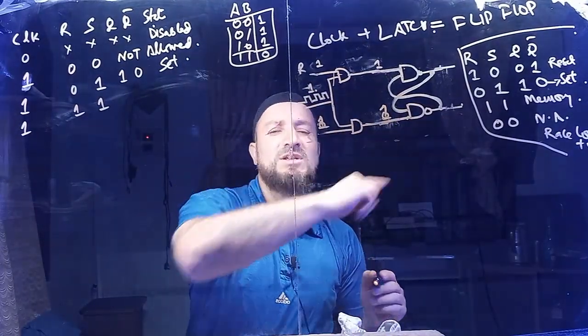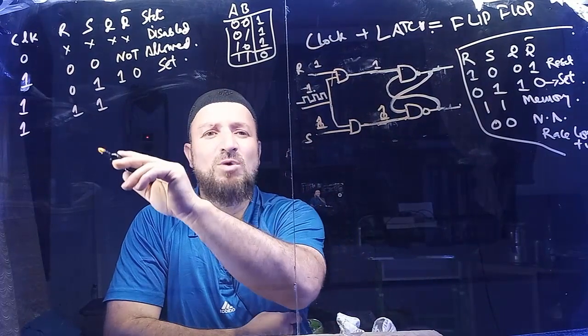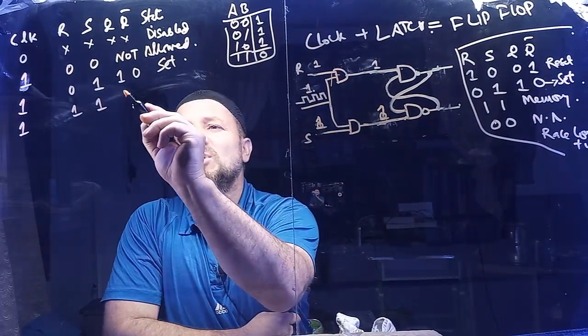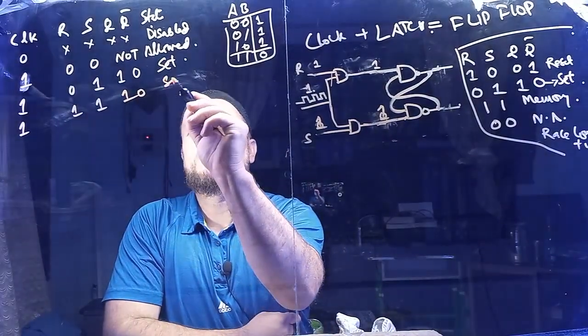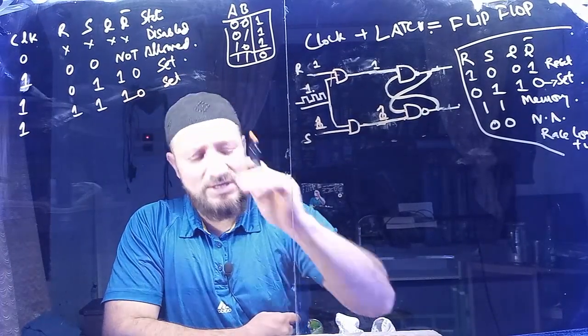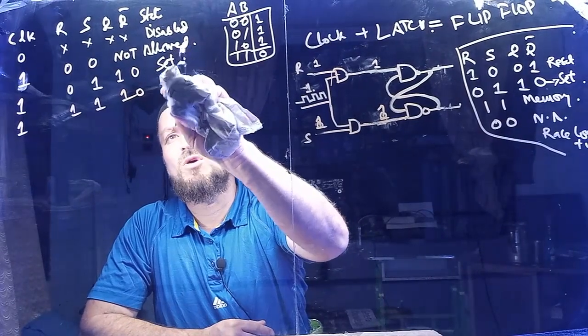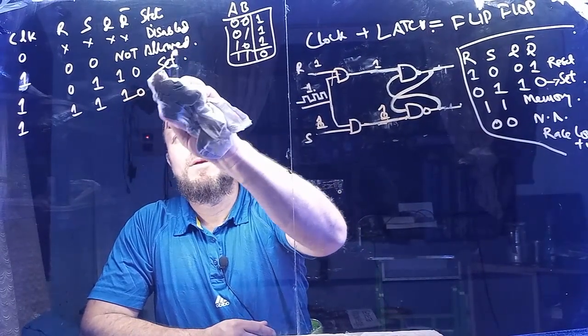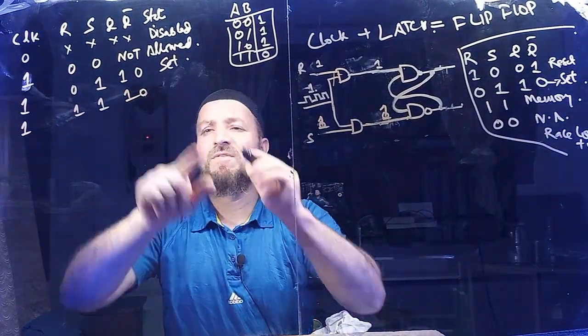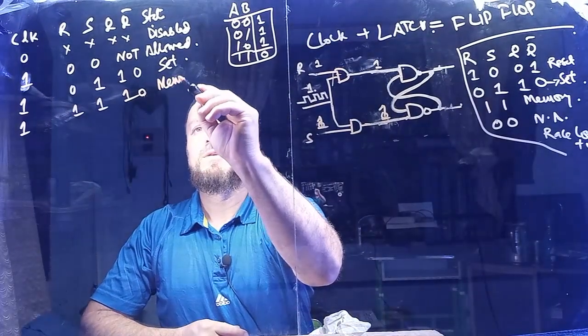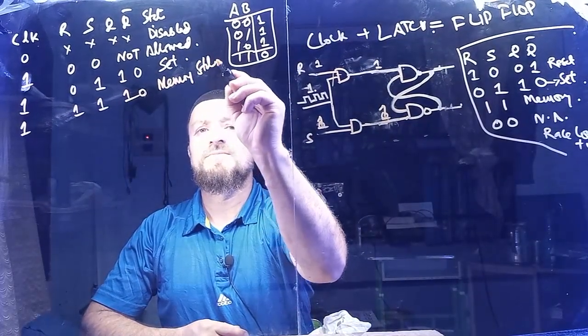The 1, 1 state is the memory state. What does the memory state mean? Whatever the previous state was, it will retain that. So it will stay as 1, 0 and stay as the set state. It's not a set state itself, it will stay as set, but this state itself will be called the memory state.